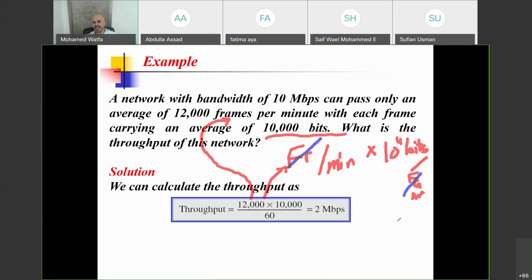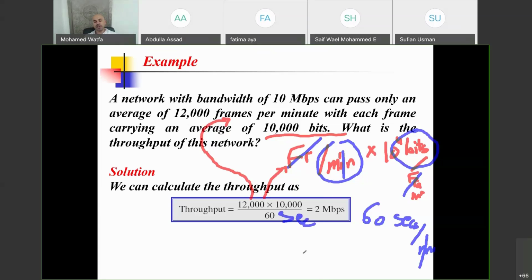If I convert minutes to seconds, because I have 60 seconds per minute, I will cancel minute and minute. So the final answer will be how many megabits or bits per second.